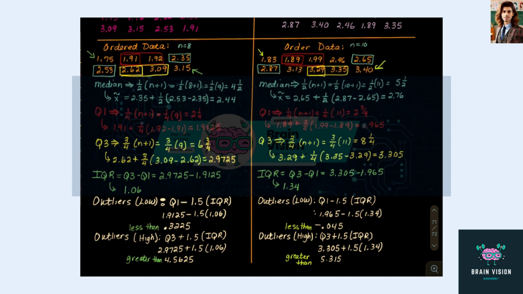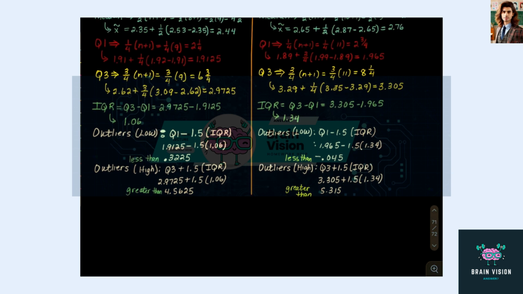So we're ready to do our 5-number summary so that we can do our comparative box plot. The 5-number summary is your minimum piece of data, your Q1, your median, your Q3, and your maximum.